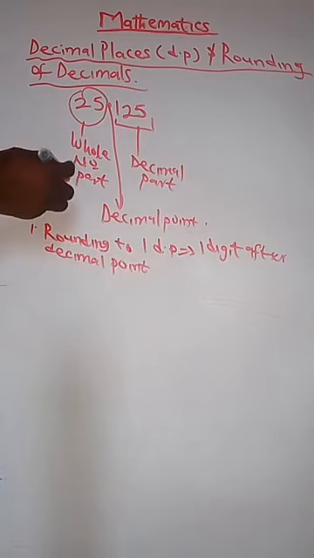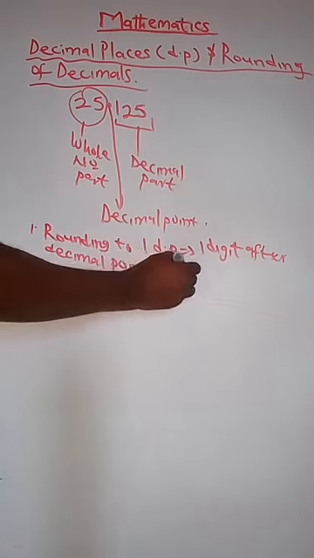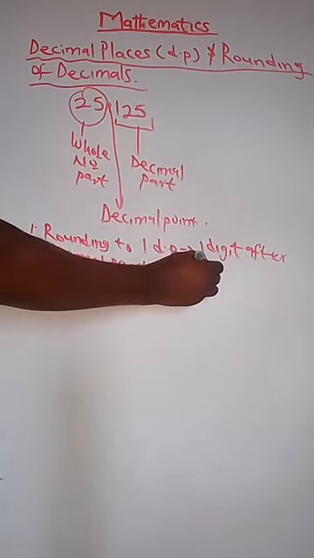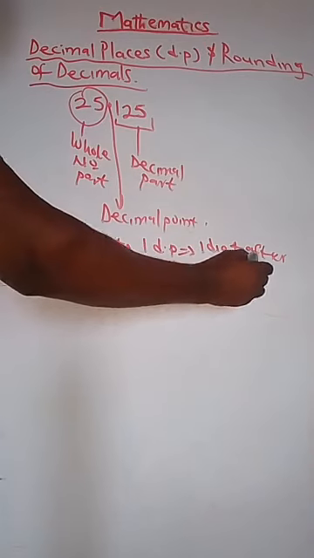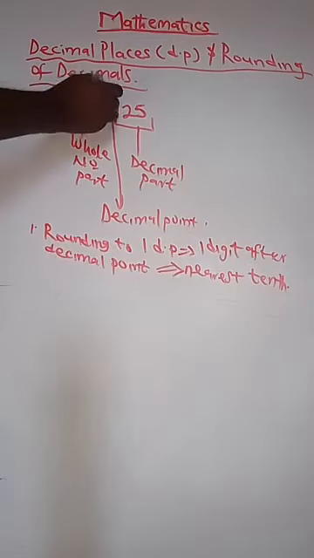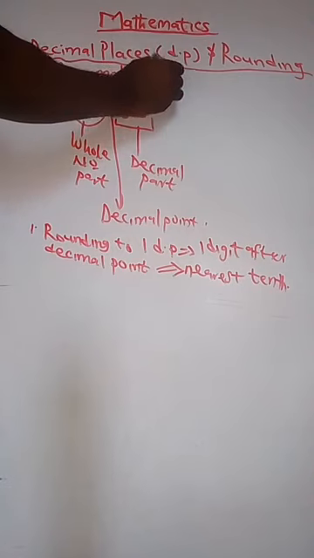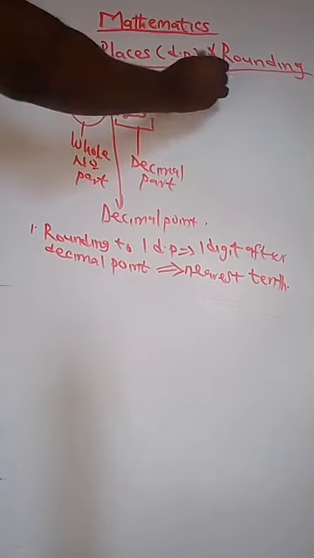That is the meaning. It also means nearest tenth. In decimal, the first number after the decimal point is tenth, right? The place value is tenth.